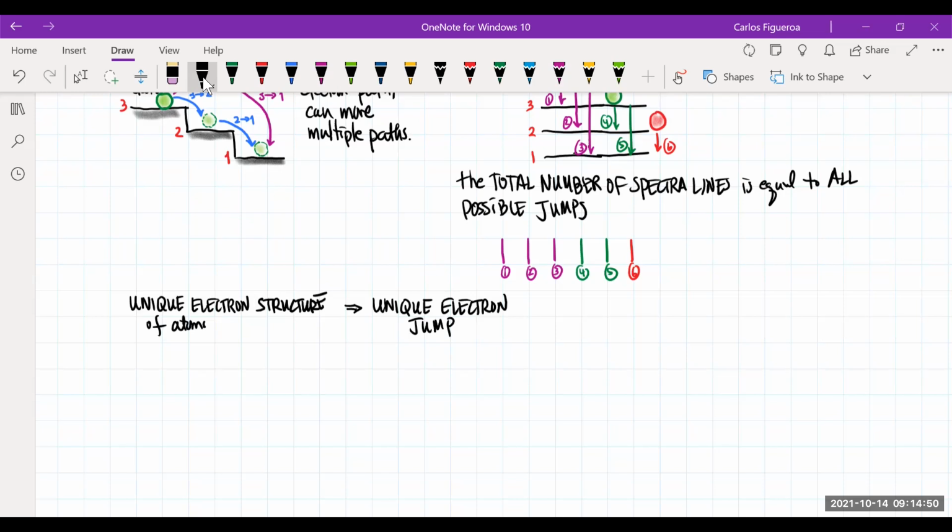But if I have unique electron jumps, then that means I have unique spectral lines. So as a consequence, this is why the spectral lines are called the fingerprints of atoms.